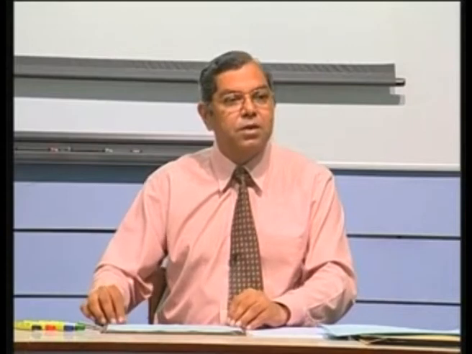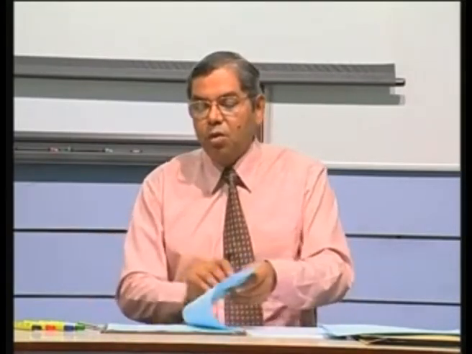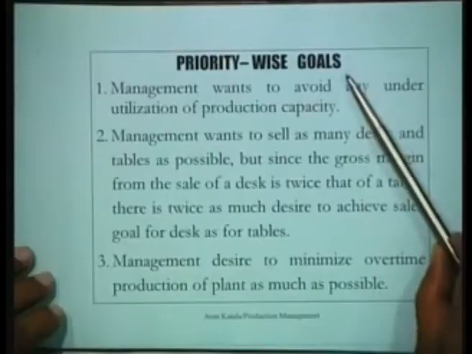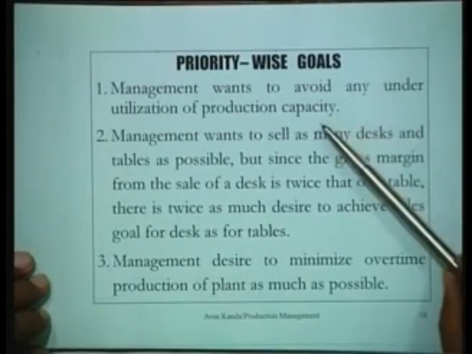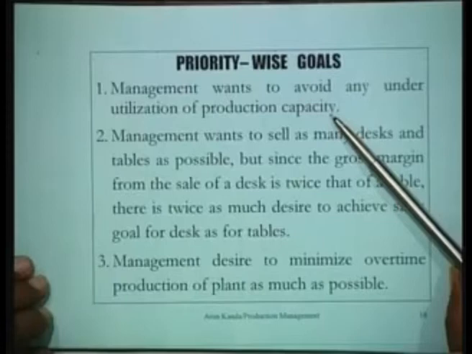It's the product mix problem, right? Companies always make a number of different products, so you are trying to find out what should be the optimal product mix. So let's suppose that the priority wise goals of the company are: the management wants to avoid any underutilization of production capacity, that's the first goal.